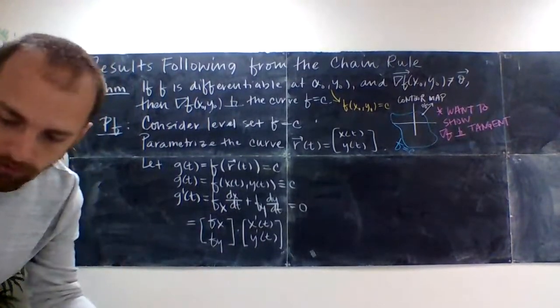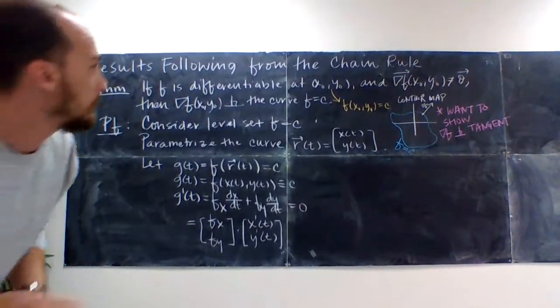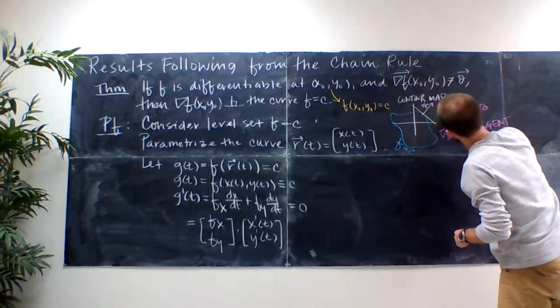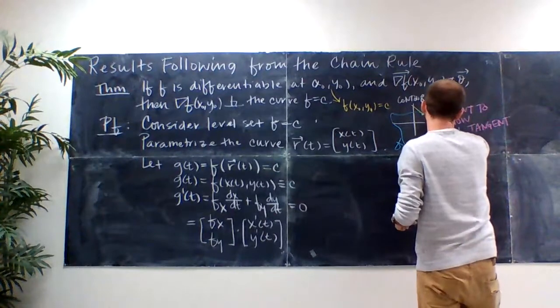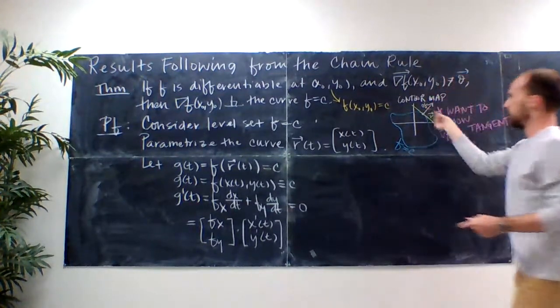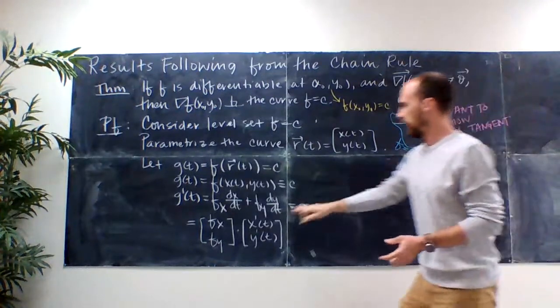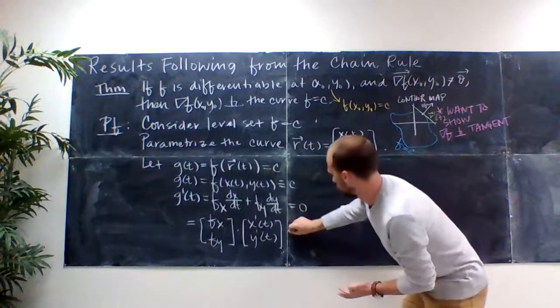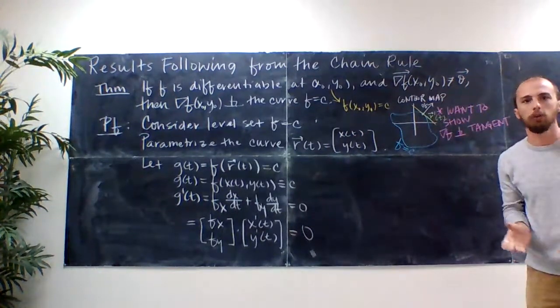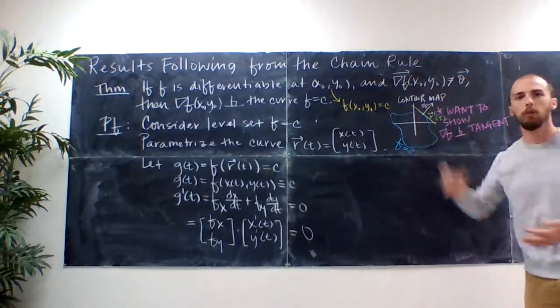That was something we saw in the previous unit. So if I've got r prime of t here, and I just showed that it dotted to 0, then I've shown that the gradient is orthogonal to that tangent, to the level curve.